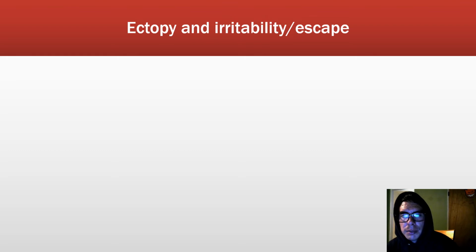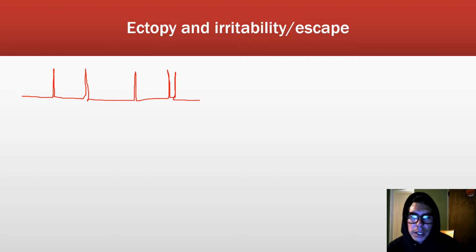As an example, I'm just going to draw it simply since we don't know the waves of heart rhythms yet. So we have a beat there, there, there, there. Then we have one like there.